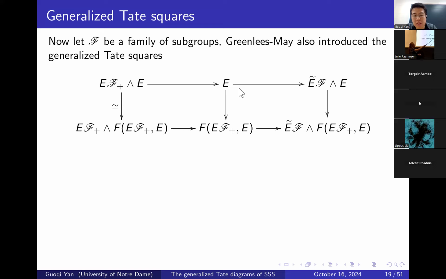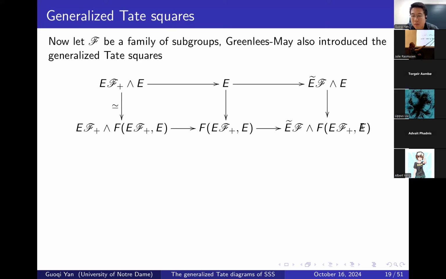So we have a similar diagram, but the decomposition is different. E is decomposed into this part, which people usually call the F-completed part. The other is the F-inverse localized part. And this information is glued along the generalized Tate spectrum.